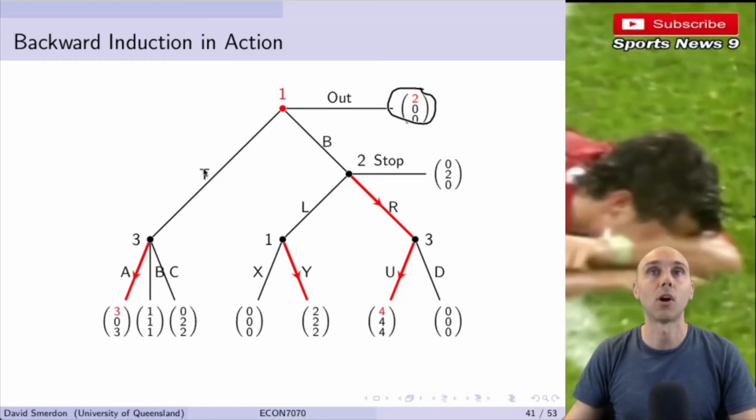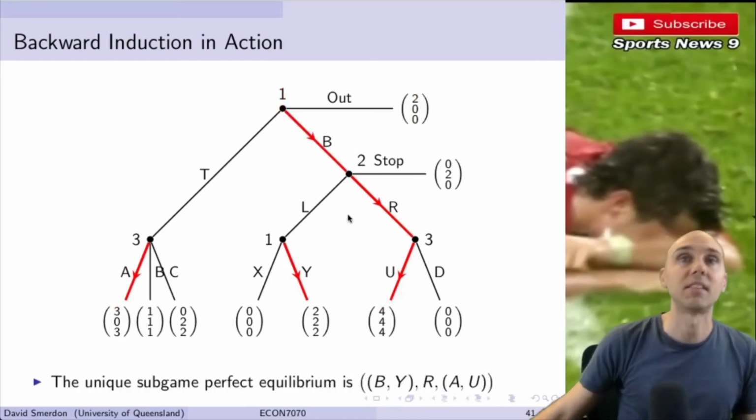If he plays top, player 3 is going to play A and player 1 is going to get 3. If he plays bottom, player 2 is going to play R, player 3 is going to play U, and he's going to get 4. So the choice is between 3, 4, and 2. 4 wins, so player 1 plays B.